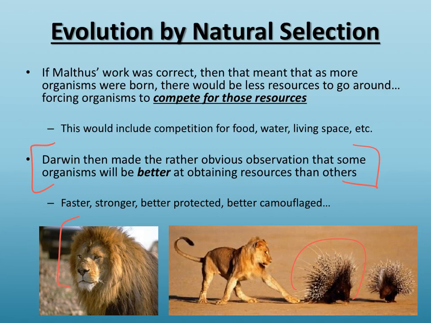Even though a lion is big and ferocious and could easily eat one of these porcupines, they learn real quick if they get too close, they're going to get stabbed in the face, basically, with the quills, and so they don't come there anymore. So it doesn't also have to be this huge, majestic organism. It might be the majestic desert porcupine that has this better trait that keeps it alive and allows it to get resources.